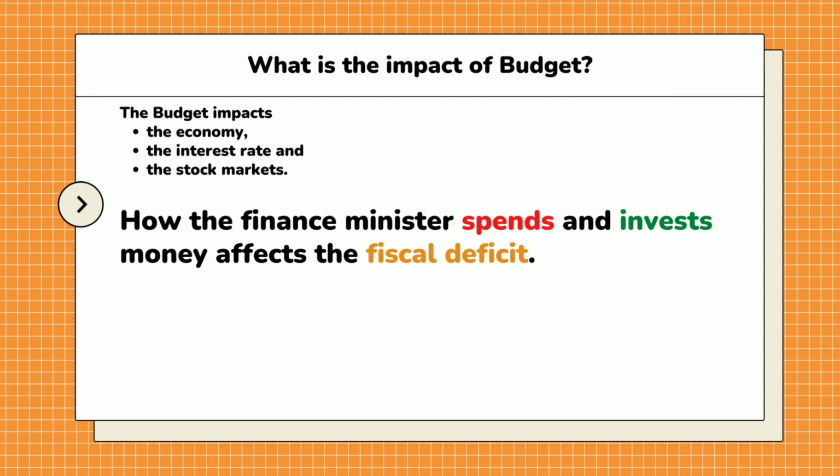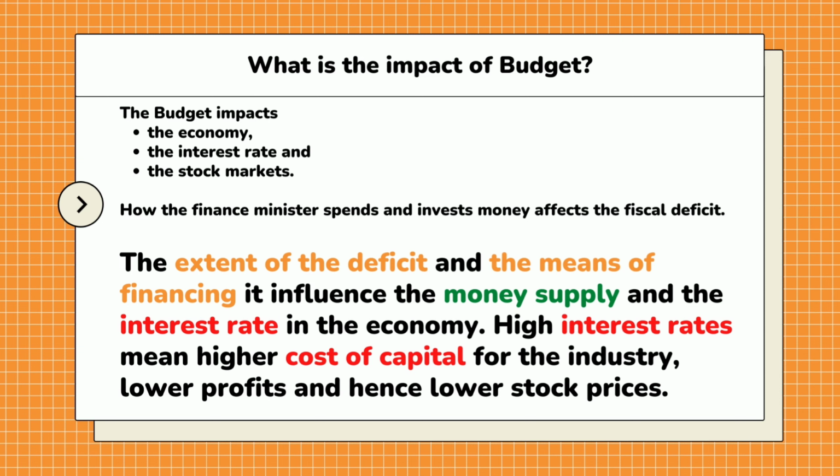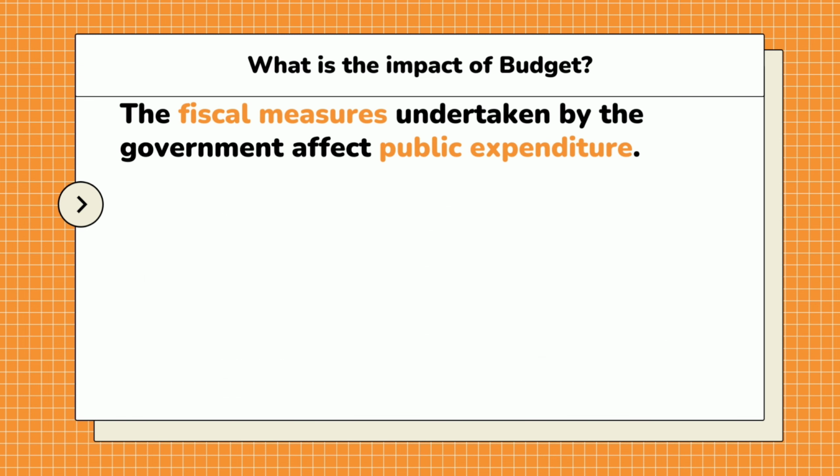How the finance minister spends and invests money affects the fiscal deficit. The extent of the deficit and the means of financing it influences the money supply and the interest rate in the economy. Higher interest rate means higher cost of capital for the industry. That means lower profit and hence lower stock prices.